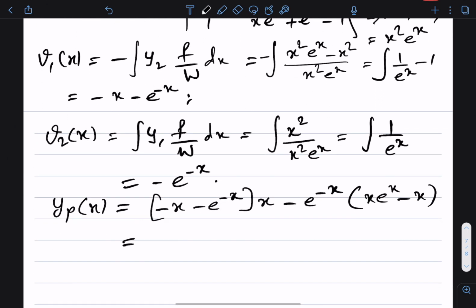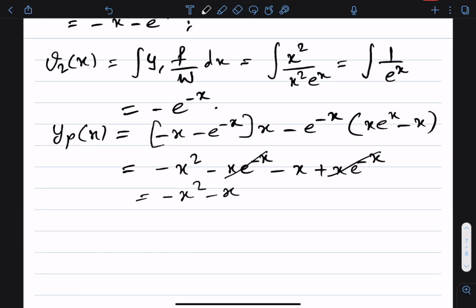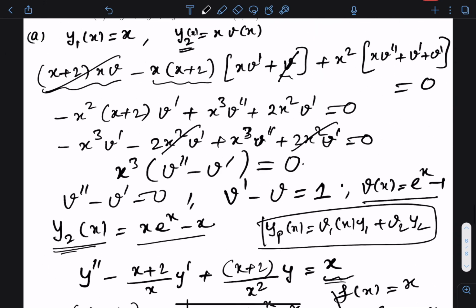So that's going to give you minus x square minus x e power minus x minus x plus x e power minus x. So this and this cancel off. What is left is minus x square minus x. Okay, so if this is your yp, what is your general solution? yc plus yp. And what is your yc?